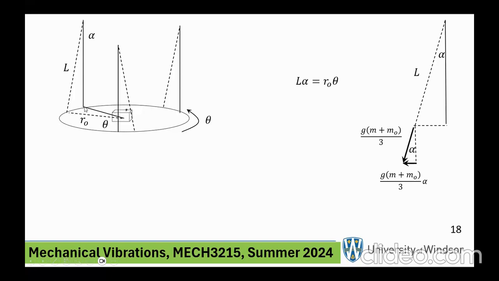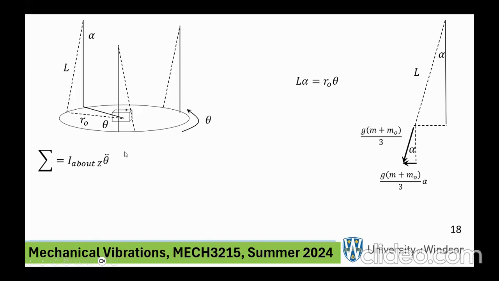So L alpha is on one hand this length. But you can also take this triangle sitting in the plane of the tray, where that length is R0, the radius of the disk, times the angle theta. So I know what alpha is in terms of theta, and I'm going to write everything in terms of theta. Okay.